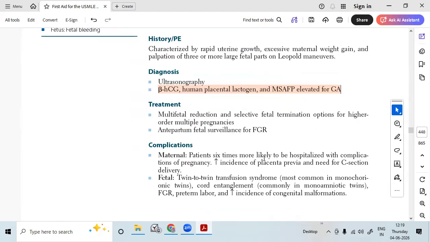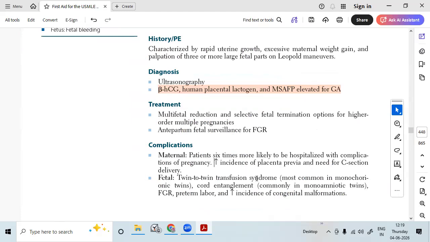Patients are 6 times more likely to be hospitalized with complications of pregnancy in case of multifetal gestation. There's increased incidence of placenta previa and need for C-section.